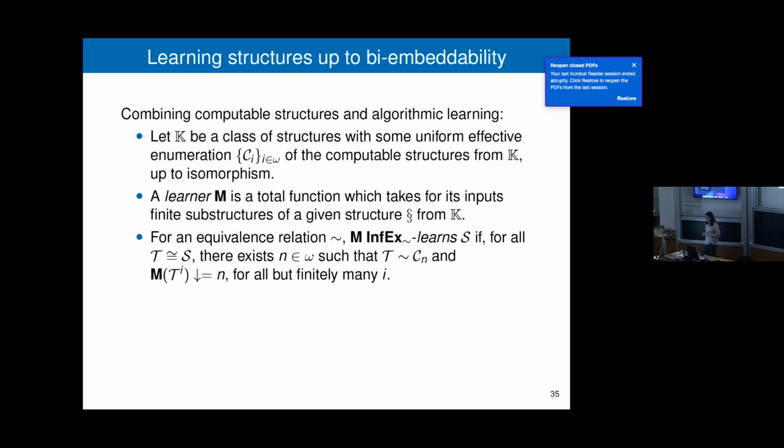In our case, it will be bi-embeddability, but let's give a definition for whatever equivalence relation. Then we say that a learner learns a structure S if it converges to a correct index for any isomorphic copy of S. So from some point on, for any isomorphic copy, we should converge and start outputting one and the same index.